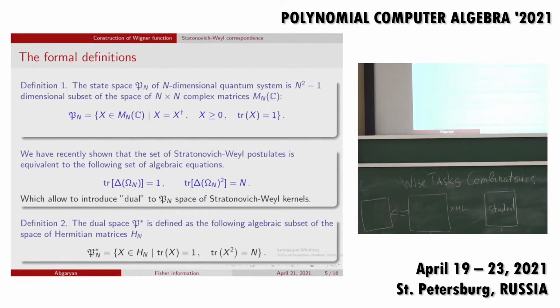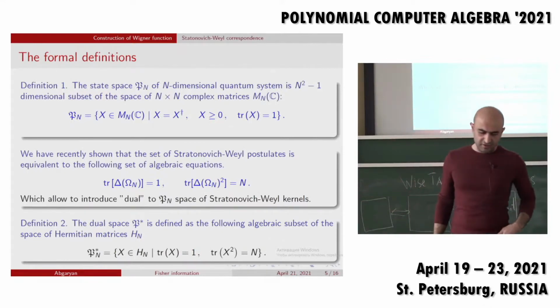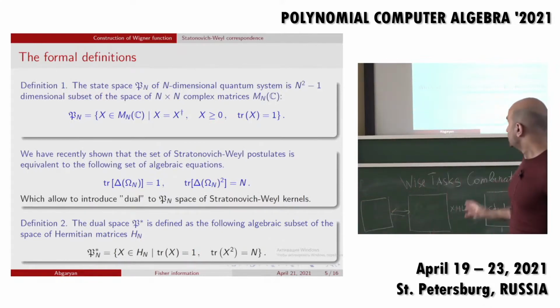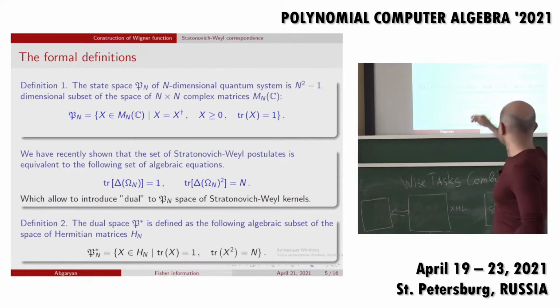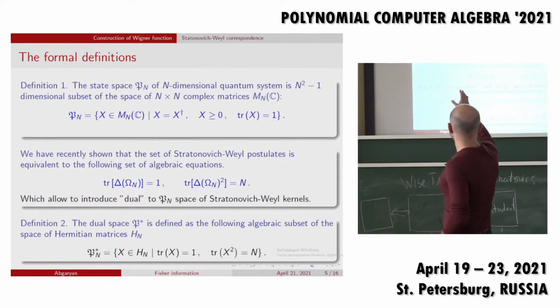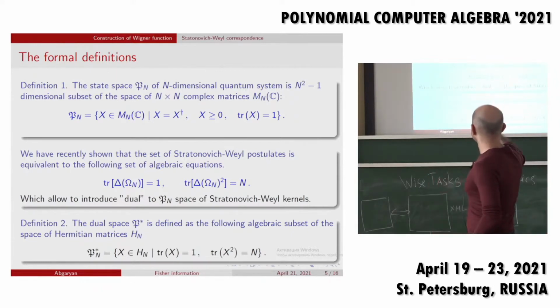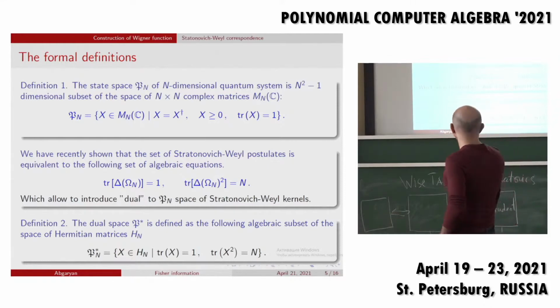So basically, the Wigner function is constructed as a dual pairing of certain elements. One is an element of P_n, which is the state space, basically the space of complex n by n matrices which are Hermitian, positive semi-definite, and fulfill the triviality condition.